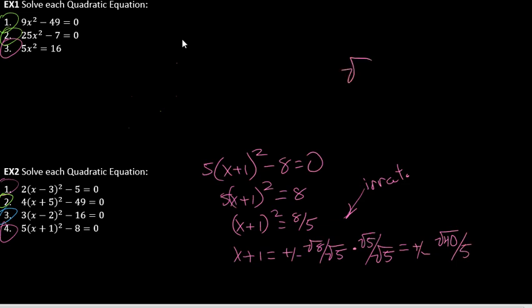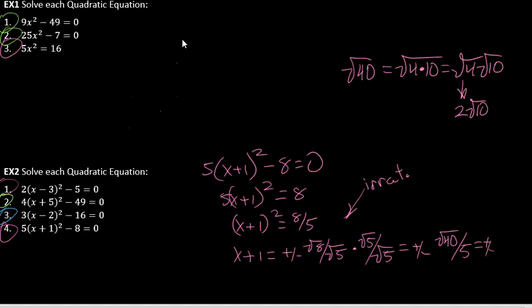We can simplify the square root of 40. We can factor out of that radical. So we can say that this is 4 times 10. Here, let me write it out. So that means I've got square root of 4 times the square root of 10. That's going to change to just 2 square root of 10.